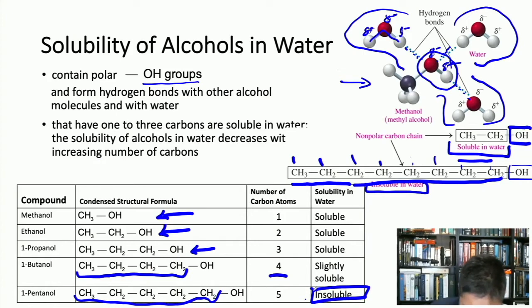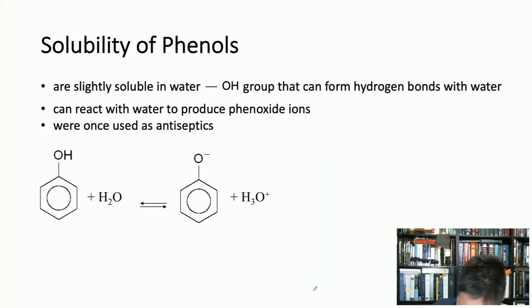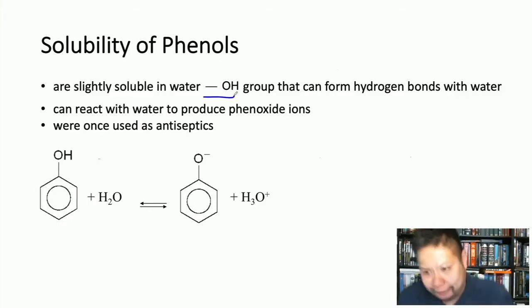So let's talk a little bit about the solubility of phenols, right? Phenols are slightly soluble in water, because of the OH group. Remember, I was telling you last lecture, I think it was, about chloroform phenol extractions of DNA. It's what they use in forensic science and in molecular biology to extract DNA from cells, separate it from things like proteins and other cellular debris, right?